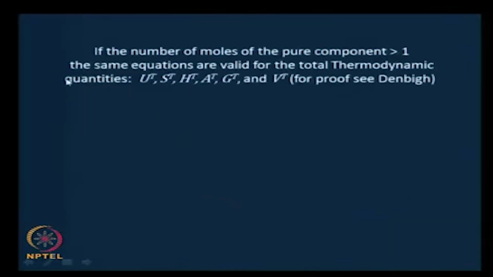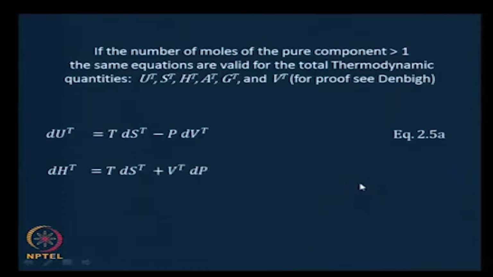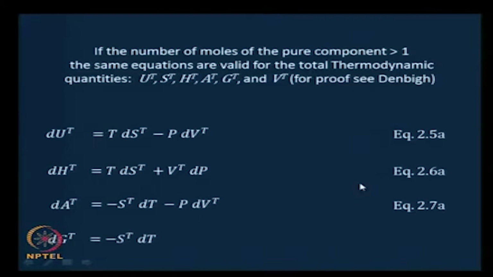And we also said that those are for 1 mole, even if the number of moles increases, as long as it is a pure component closed system, you could write the same kind of equations for Ut, St, Ht, At, Gt and Vt. Proof is given in Den B. Therefore, dUt equals TdSt minus P dVt, dHt equals TdSt plus Vt dP, dAt equals minus St dT minus P dVt, and dGt equals minus St dT plus Vt dP.